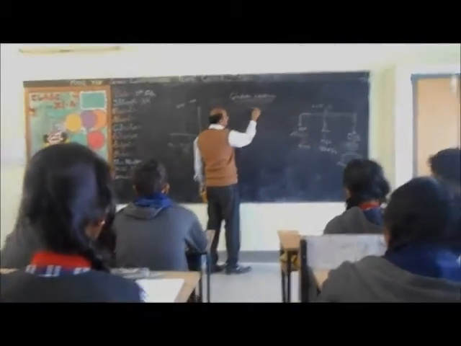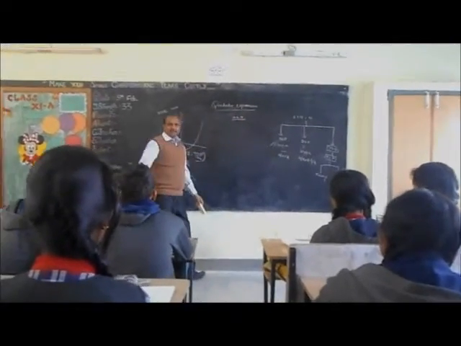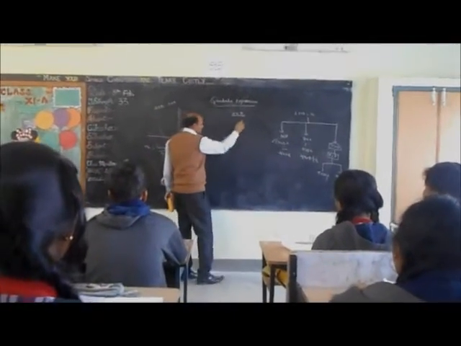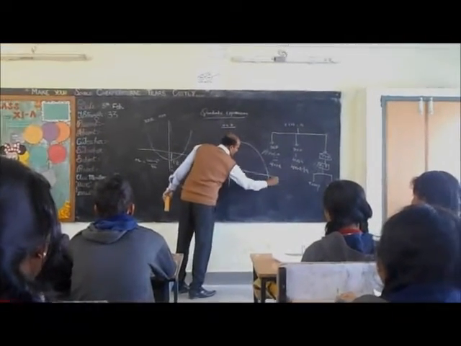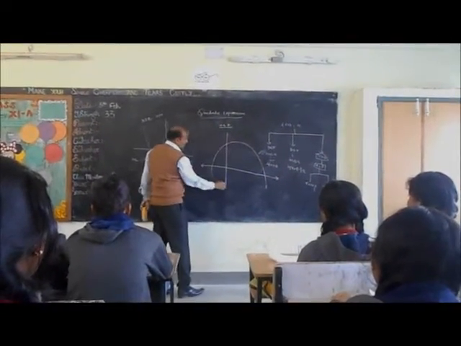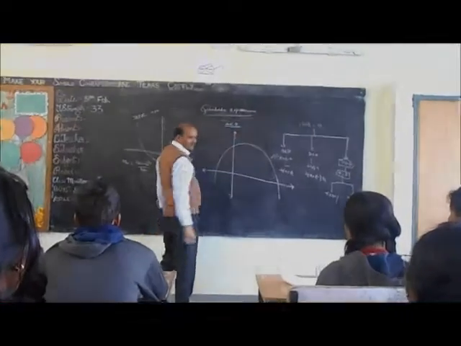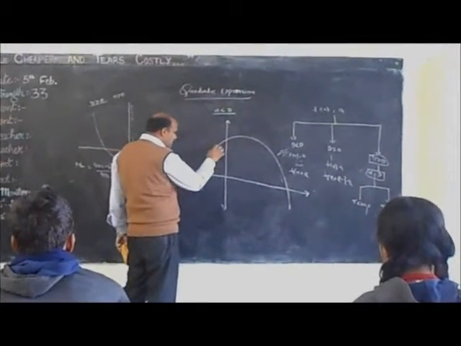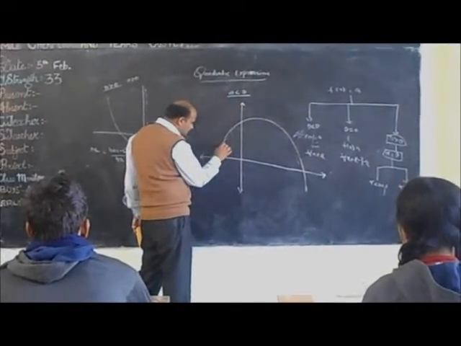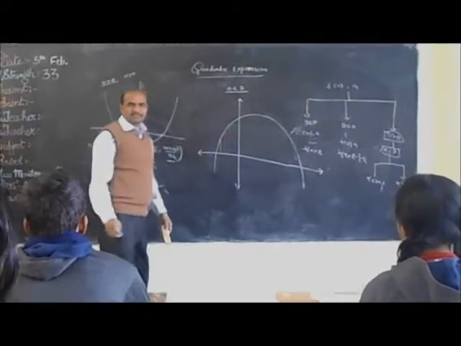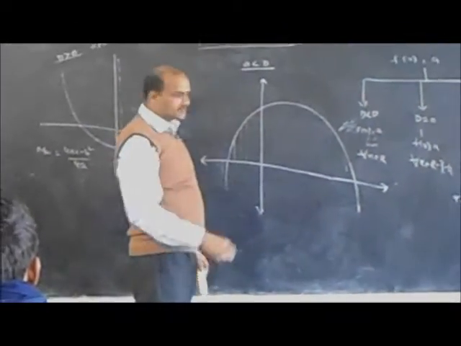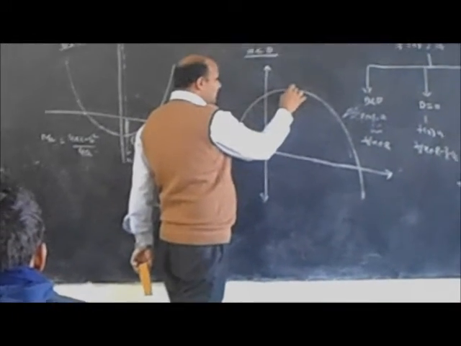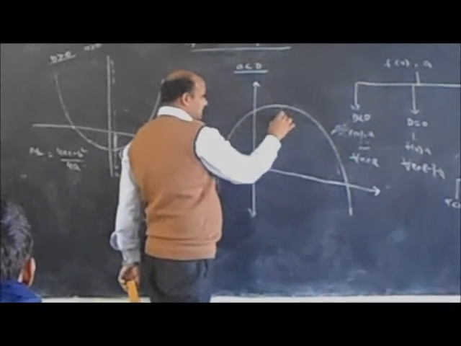Now, in the case when a is less than 0, the graph of the parabola is like this. Now we have so many values. This is the y value. If you draw like this, these are the values. So what do we call this? What is this value we get?